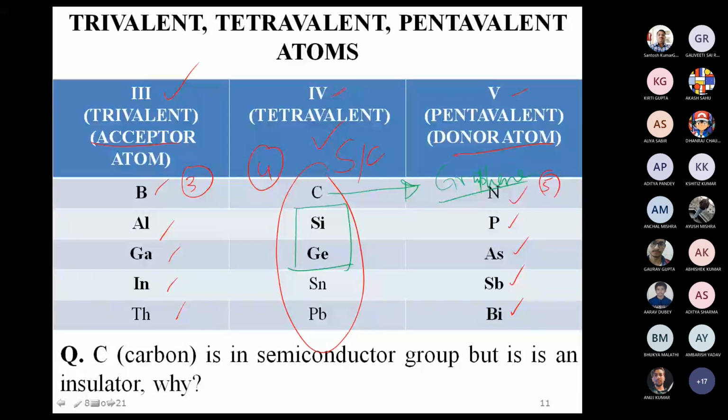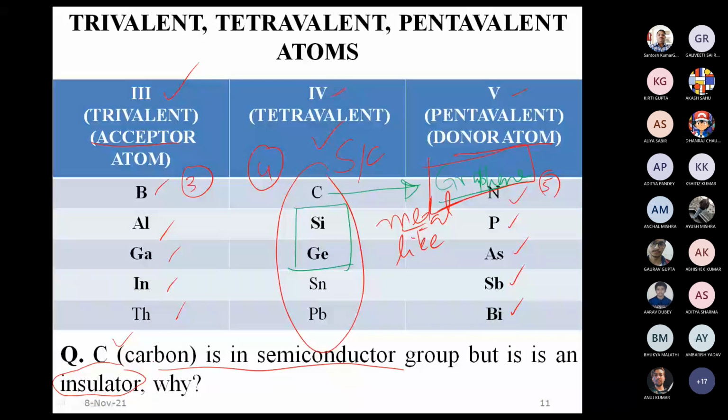Naturally occurring carbon has an insulating nature, whereas graphene, another form of carbon, has metal-like characteristics.